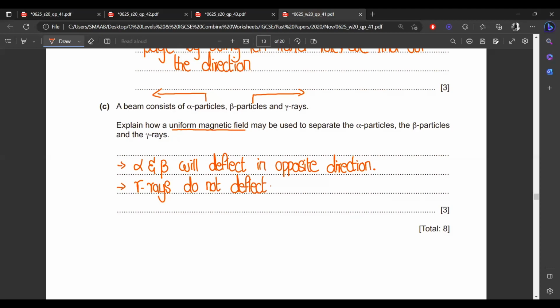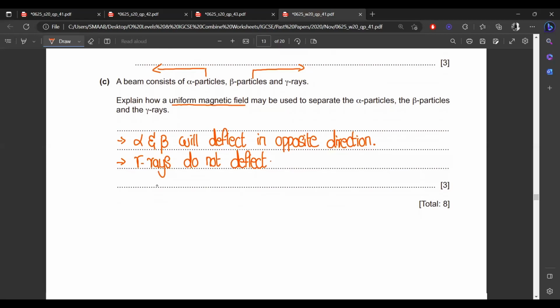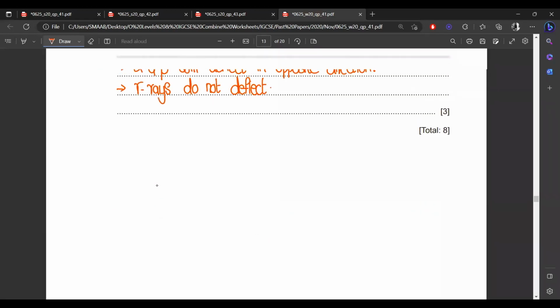And we know that the deflection of beta is greater than alpha. So that is the concept also. So this is the answer of this question, right? Yes.